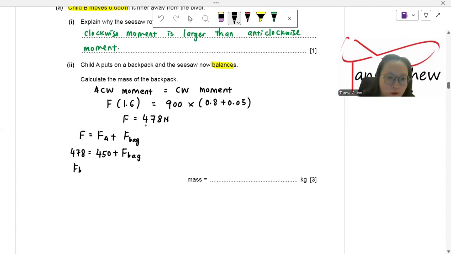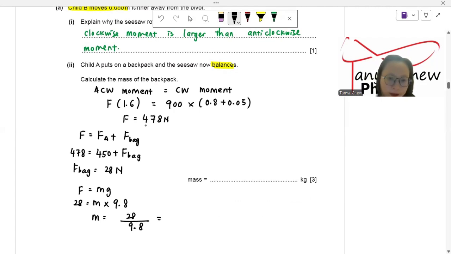So I find my force by the backpack, which is equal to 28 Newton. How do I get that? I just take 478 Newton minus 450 Newton. So they ask for mass. So F equals mg, with g as 9.8. Therefore my mass is equal to 28 divided by 9.8, which is 2.87 kilogram.